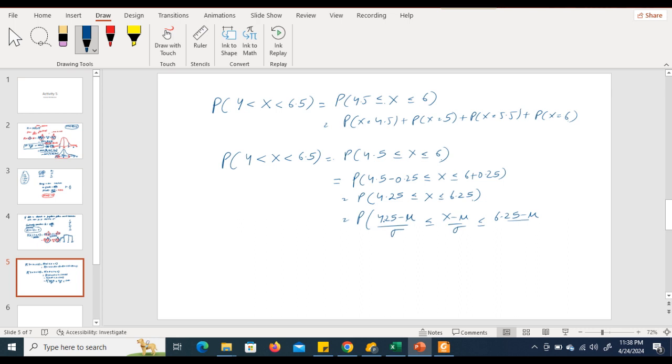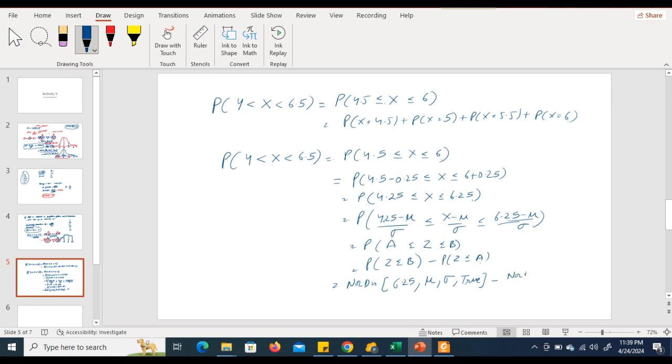So 6.25 minus mu divided by sigma, say this is B, and 4.25 minus mu divided by sigma is A. Then we calculate probability z is less than or equal to B minus probability z is less than or equal to A. So if we want to use the formula, normal distribution, what is our x? x is 6.25, mean is mu, standard deviation is sigma, and for cumulative we use true.